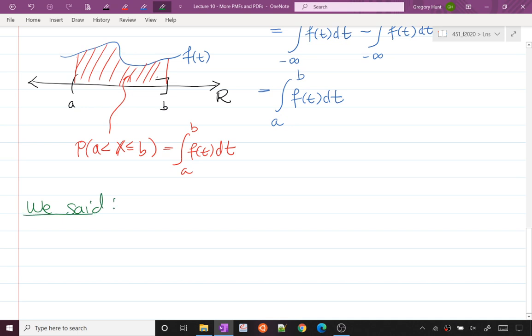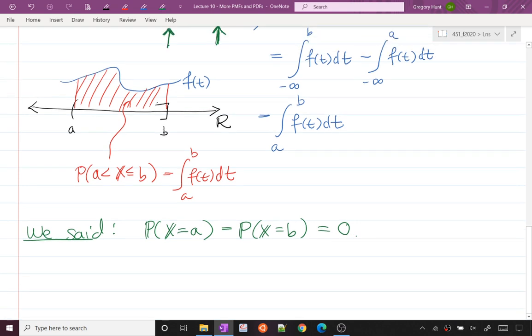that for continuous random variables, the probability that x is exactly equal to a, or the probability that x is exactly equal to b, is 0. So we've made this claim. We'll discuss it a little more in a second, but the probability that we're exactly at a or exactly at b is 0.